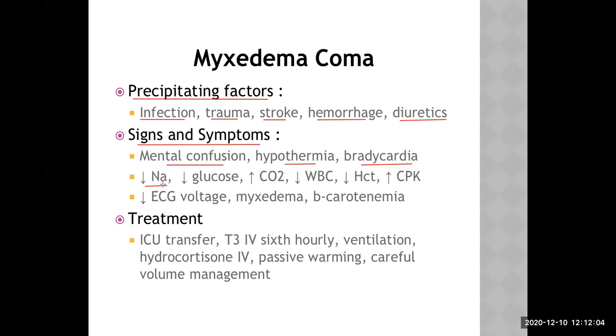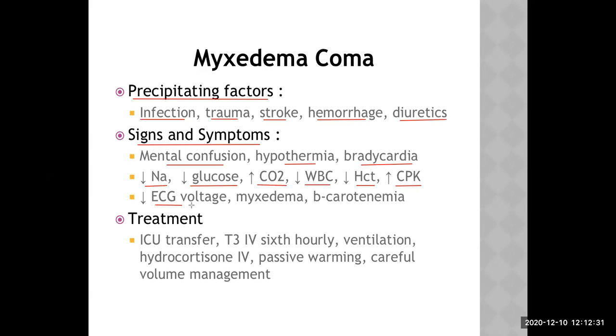This, again, we have explained, is hyponatremia because of SIADH. There is hypoglycemia, hypercapnia or hypercarbia, decreased WBC count, decreased hematocrit or hemoglobin, and increased CPK. These are also quite easy to understand. This hypercapnia is because of labored breathing.